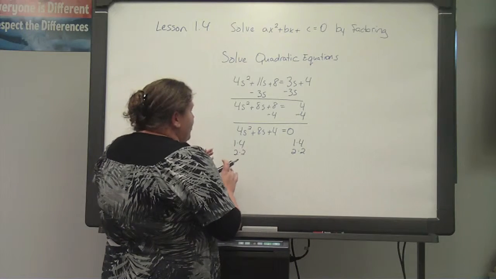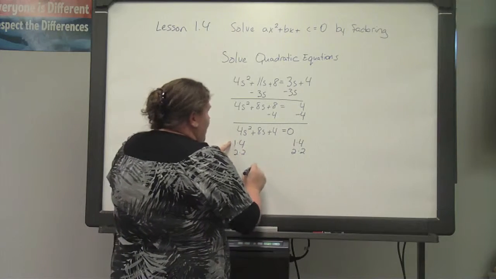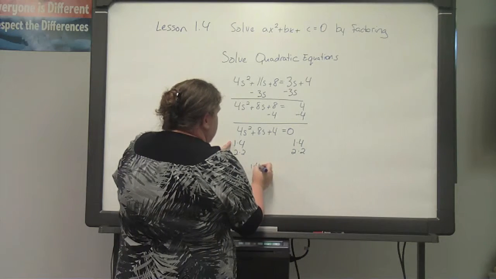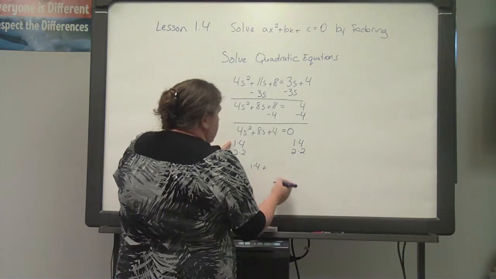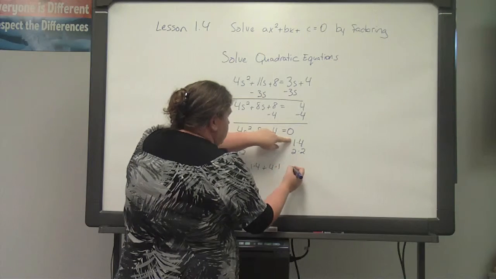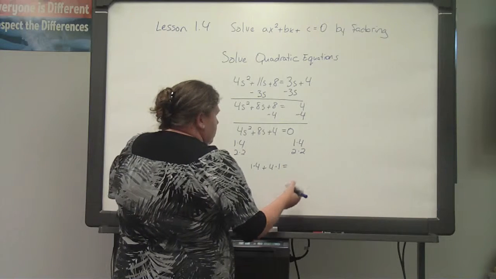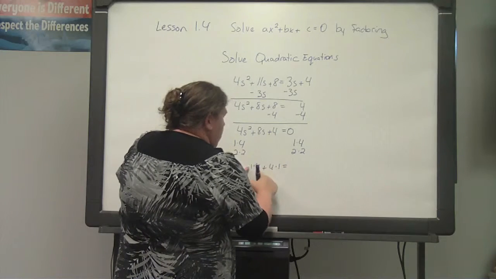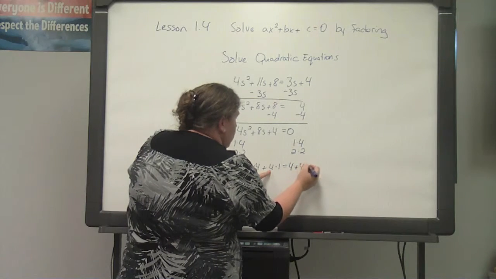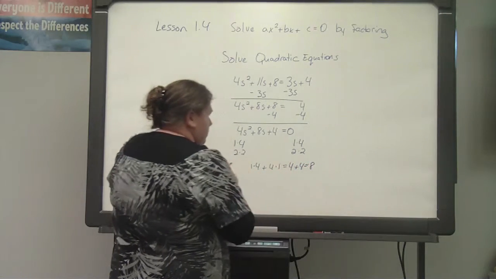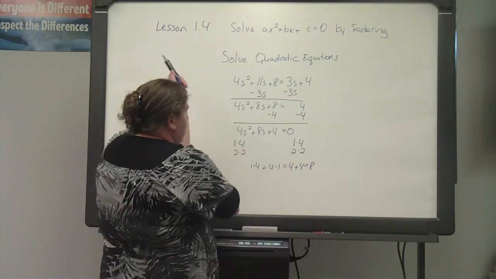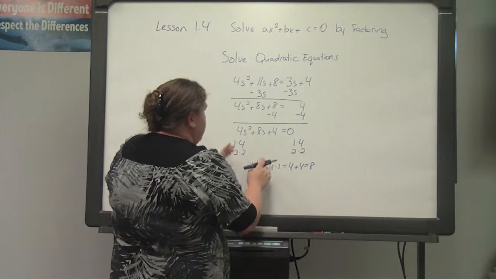So if I want to start, I'll try 1 times 4 plus 4 times 1 equals 8. Because we have 4, 1 times 4 is 4, and then 4 times 1 is 4, so that does equal 8.